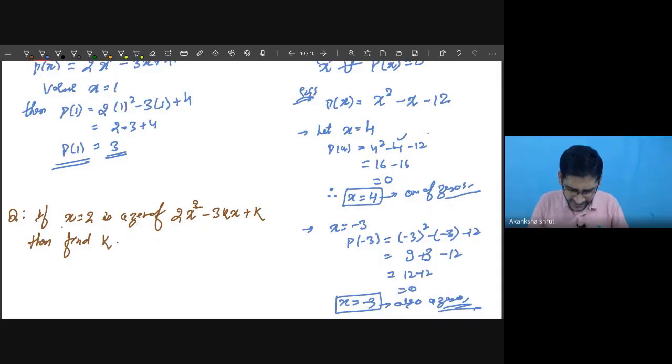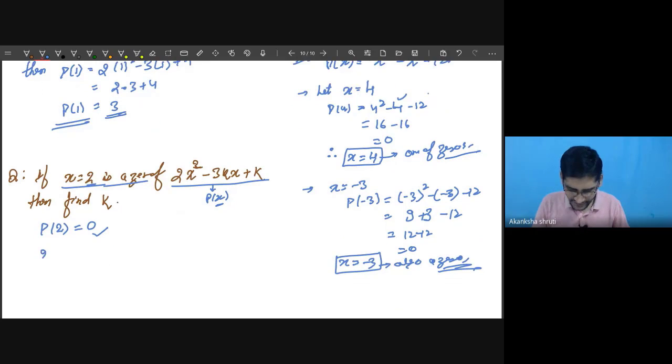So what does it mean? It is given that x equals 2 is a zero of this polynomial. It means p of 2 shall be equated to 0. What is this polynomial? This one is p of x. So in place of x, if we put this 2, then that can be equated to 0. It simply means that. So go for substituting. Twice x square minus thrice k.